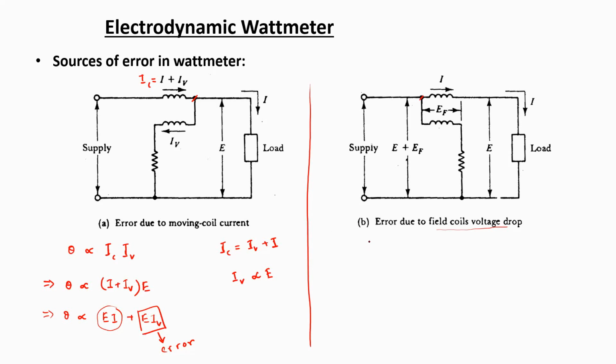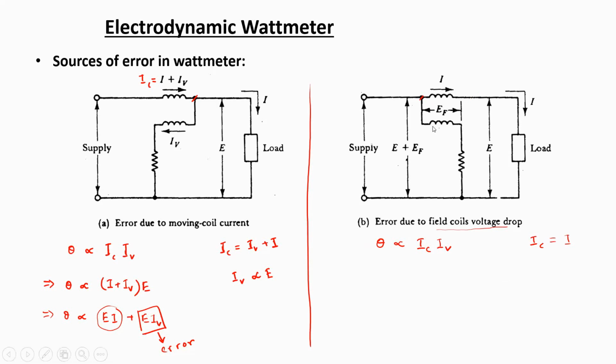Again, we can start by writing the proportional relationship between theta and the two currents, that is I C into I V. Now in this case, if the moving coil is connected before the fixed coil, the current through the fixed coils is going to be the same as the load current.